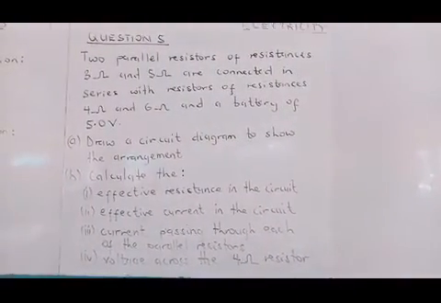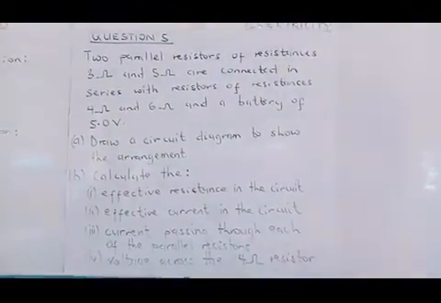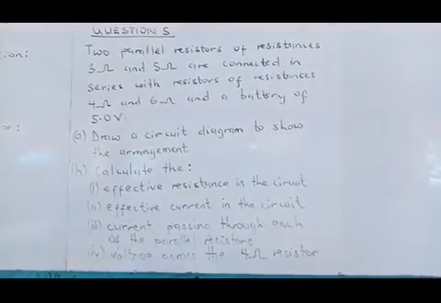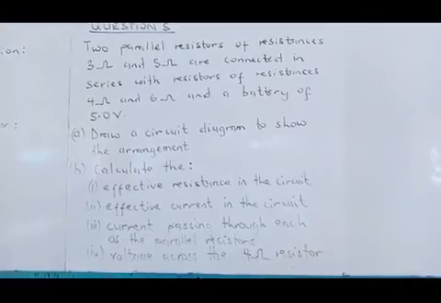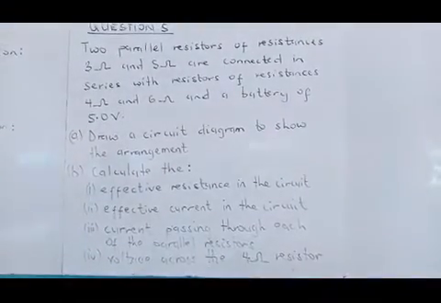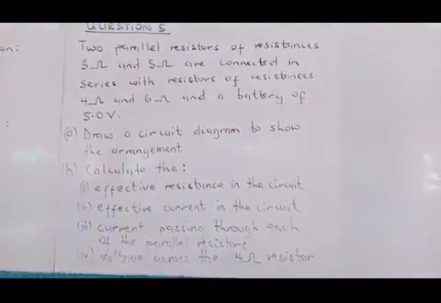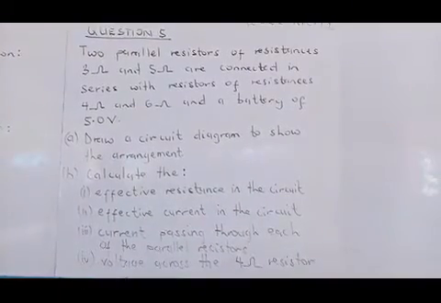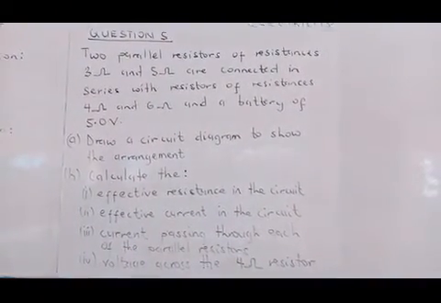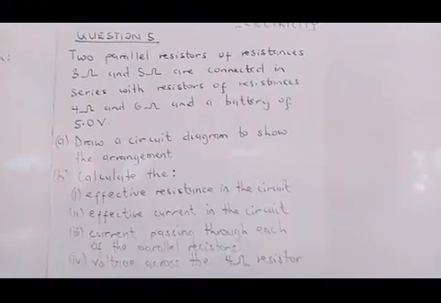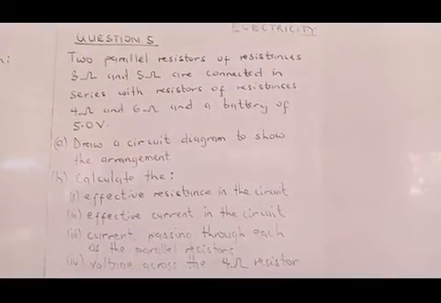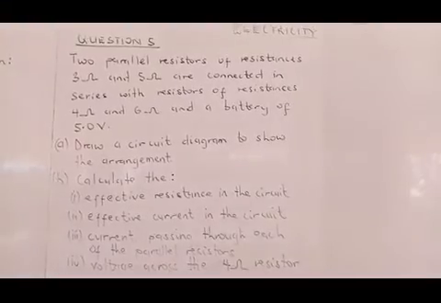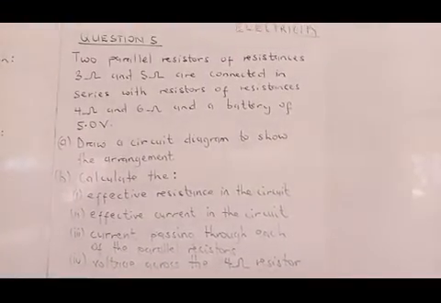Question B is calculate: I, the effective resistance in the circuit; II, the effective current in the circuit; III, the current passing through each of the power resistors; and then the last question, IV, the voltage across the 4 ohm resistor. Okay, so let's look at the solution.